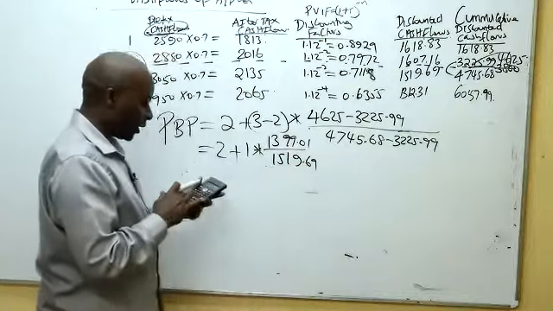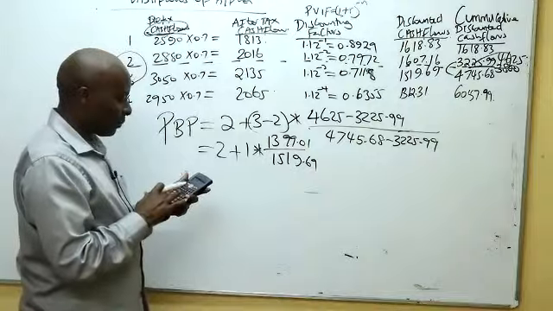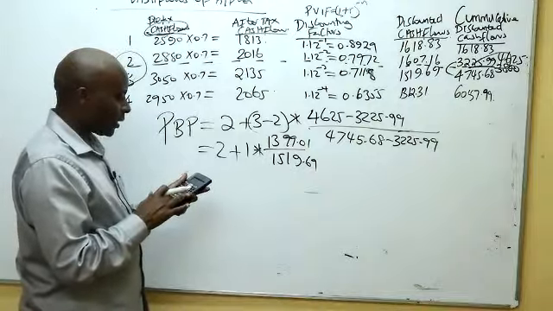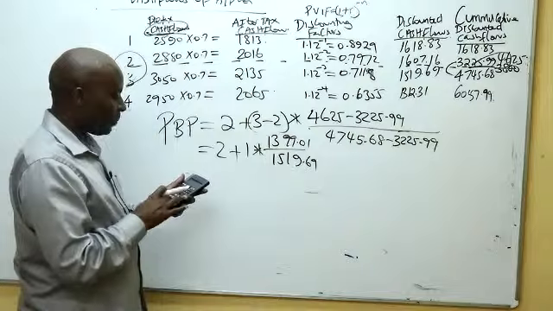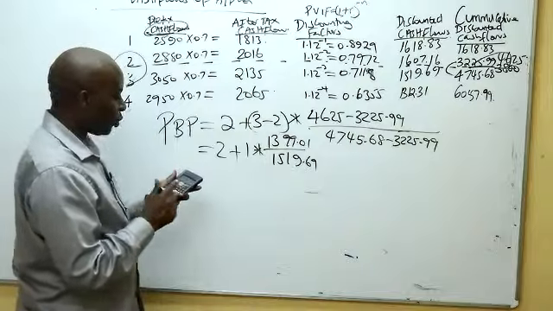So we have here 1399.01 divided by the answer, times 1, plus 2, which gives me 2.92 years.